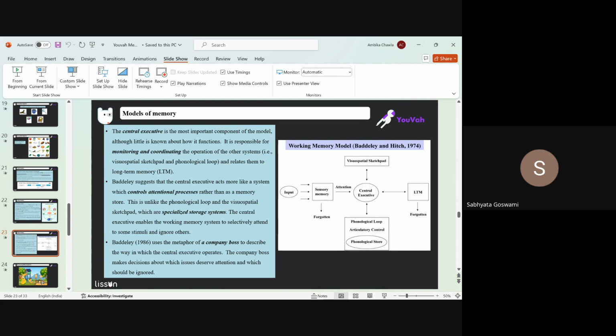So can you think of any example which would help us understand the working memory model? Yes, Sarah? I can give one example of the inner voice that helps us encode visual memory as well.